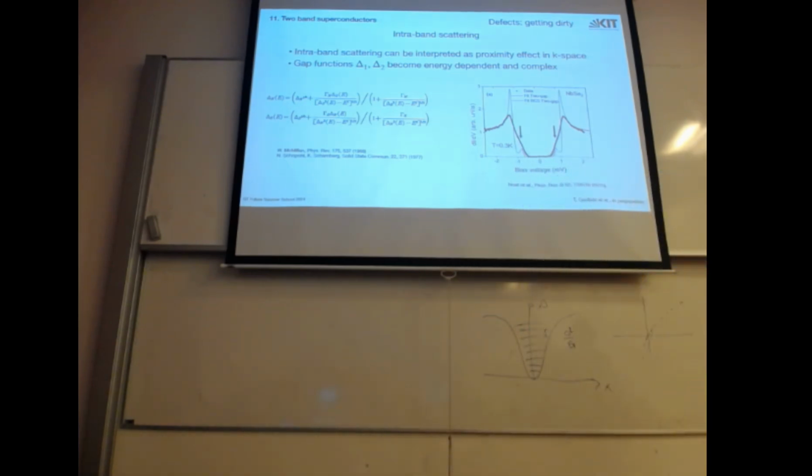If you're interested in this, there are 3 papers which are important. So the first one is by McMillan, who asked the question how a normal metal in contact with a superconductor becomes superconducting. So the proximity effect, and it's calculated in the band structure.